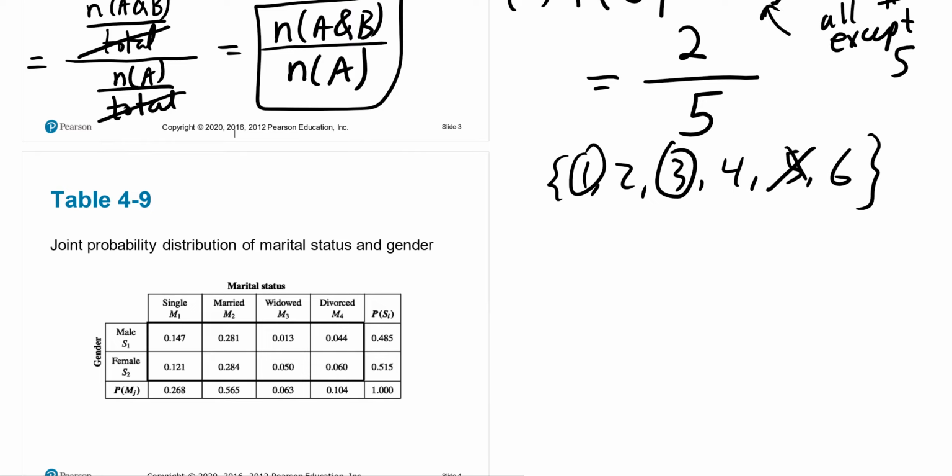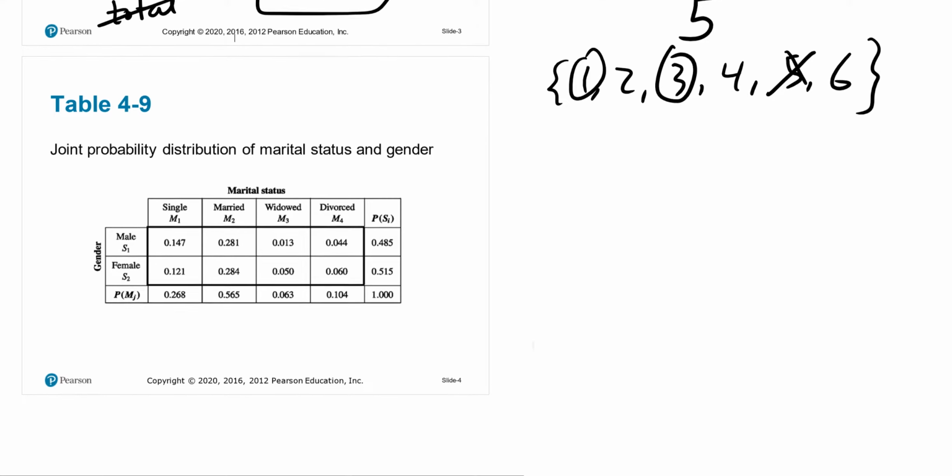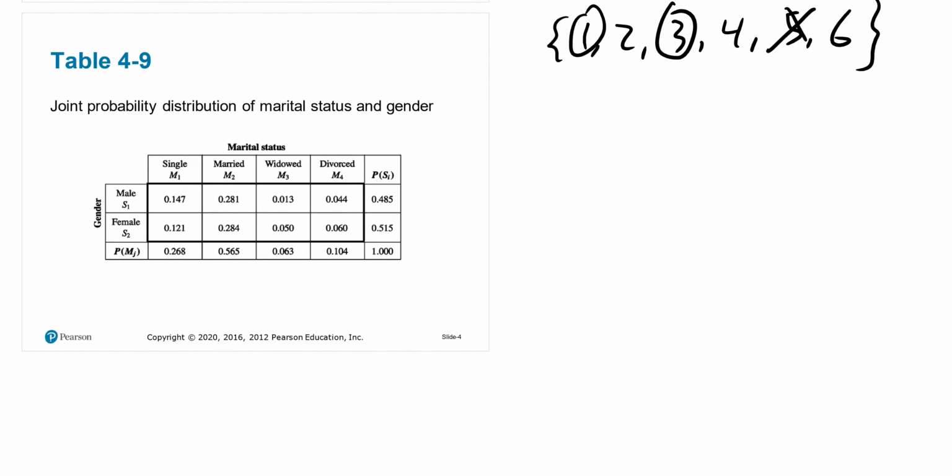We can look at either a standard table with values or a joint probability distribution table like this one. Either one would be fine. Let me show you this table first, discuss it, and work out examples from it.